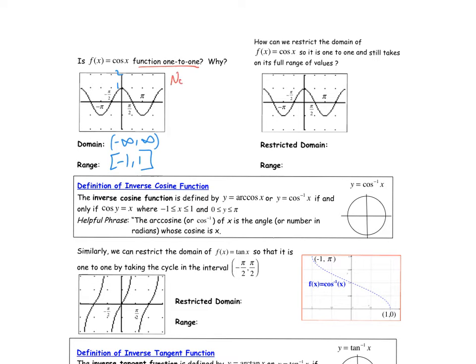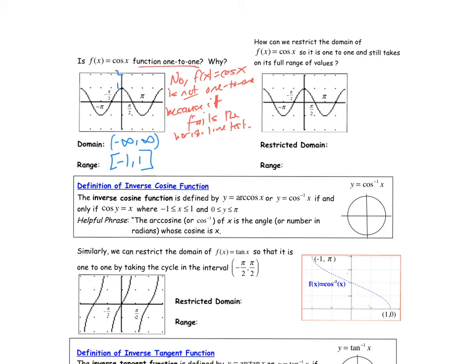So no, f of x equals cosine x is not 1 to 1 because it fails the horizontal line test. Each output has more than one input.